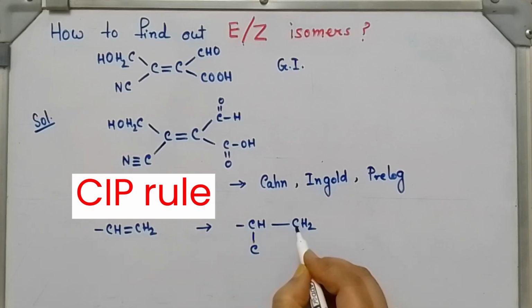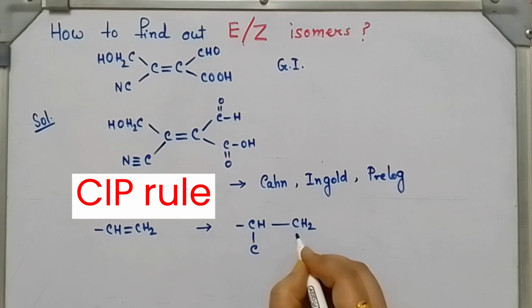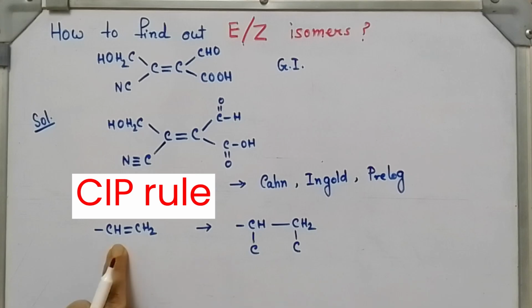Similarly, here also this carbon is bonded with this carbon and another carbon here you have to consider in place of this double bond, as if this carbon is bonded with 2 carbons and this carbon is also bonded with 2 carbons. So each bonded atom, this one and this one, is duplicated from both sides of the multiple bond.